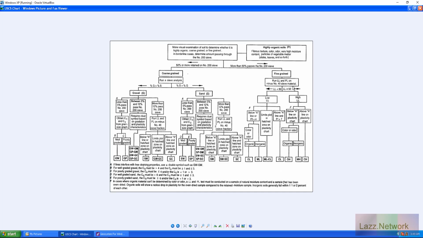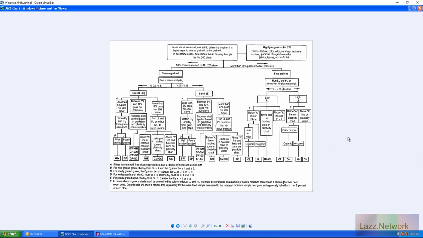It's only when you're dealing with clays, which is usually material that has a liquid limit greater than 50. And remember, our liquid limit is just a moisture content. So in other words, it means at 50% moisture or greater is where we were able to get our liquid limit.